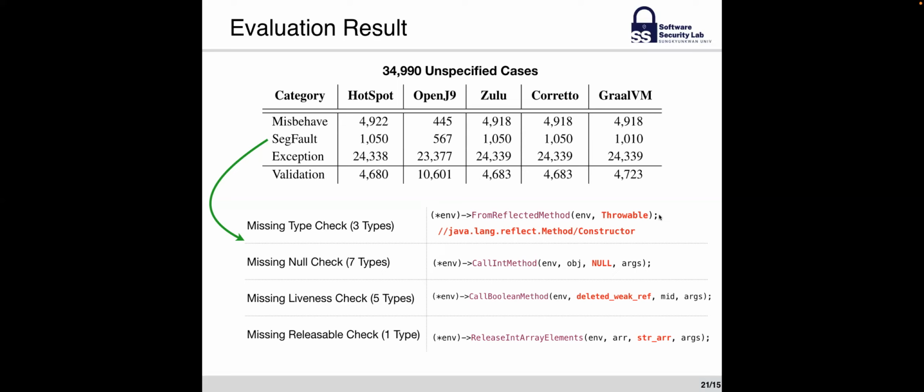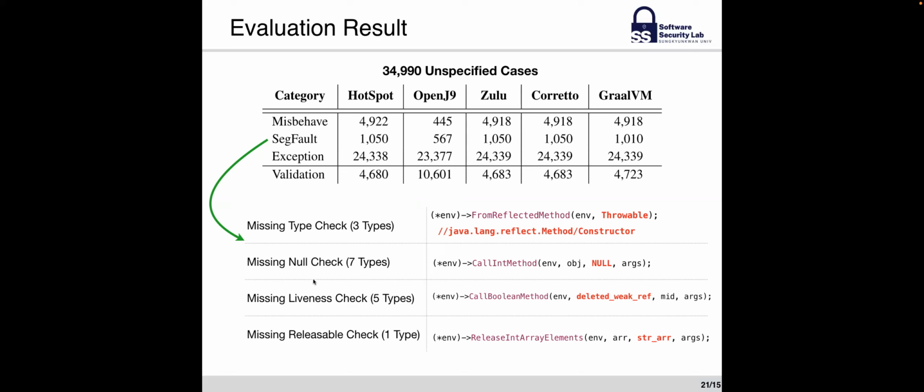So JVMs do not validate such incorrect types of object usage in this FromReflectedMethod. We also found that segmentation faults occur because of missing null check, liveness check, and releasable check.